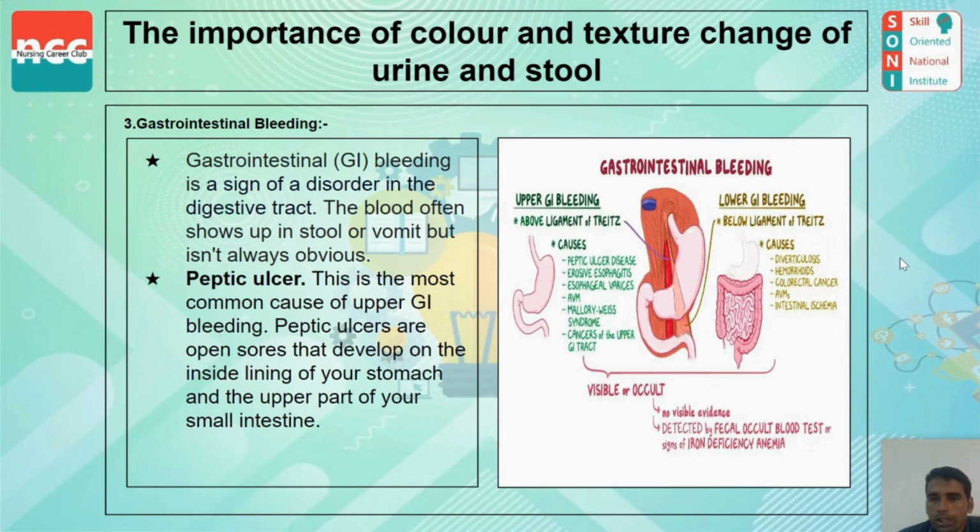Now, below the ligament of Treitz causes diverticulosis, hemorrhoids, colorectal cancer, AVMs, intestinal ischemia. This is all about gastrointestinal bleeding.